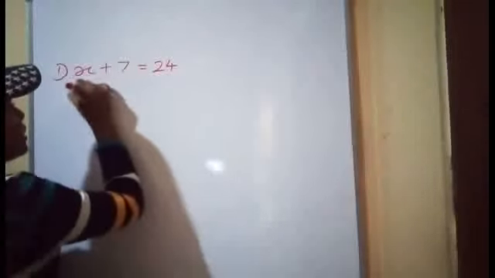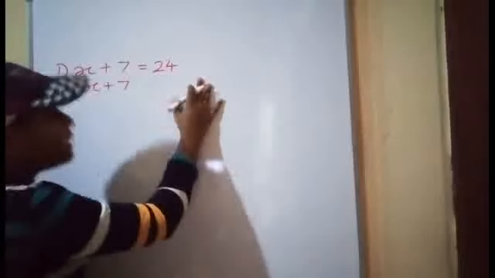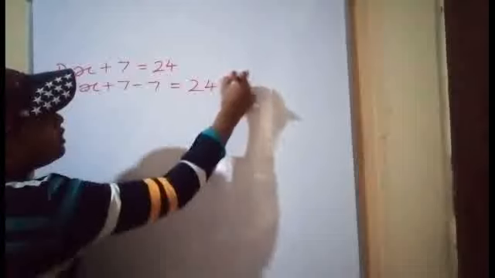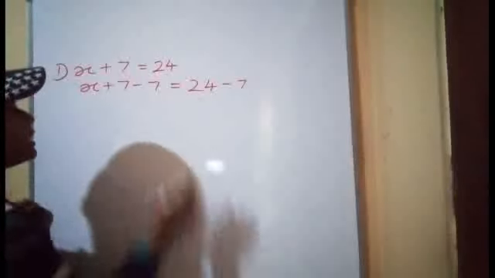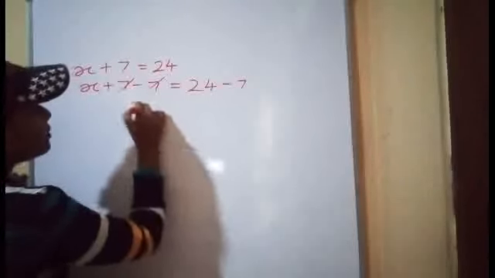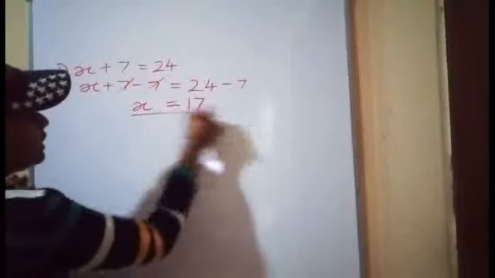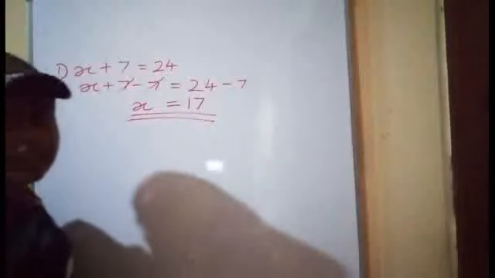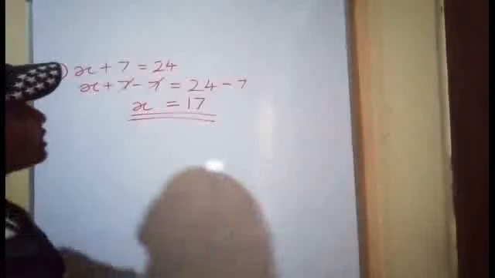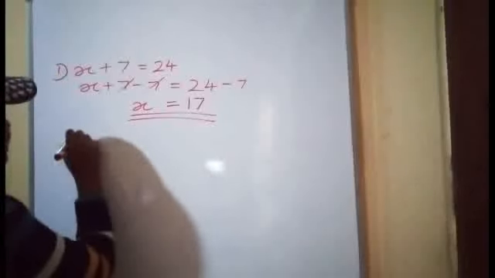So we subtract 7 from both sides. 24 minus 7, and we remove the 7, so x equals 17. If you are in trouble, let's check: 17 plus 7 is 24. So x is 17. Now the second one.